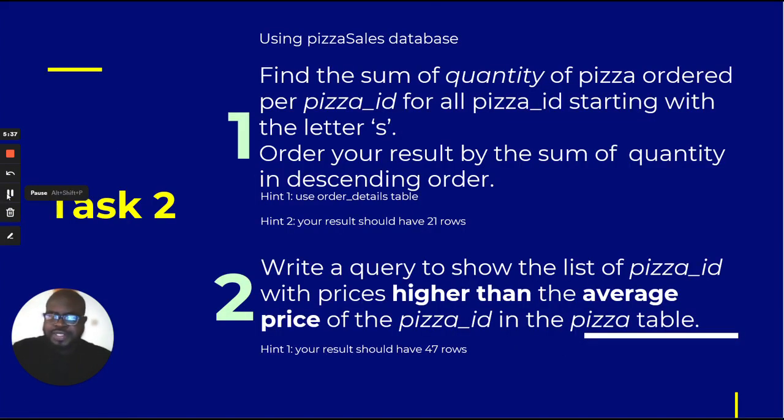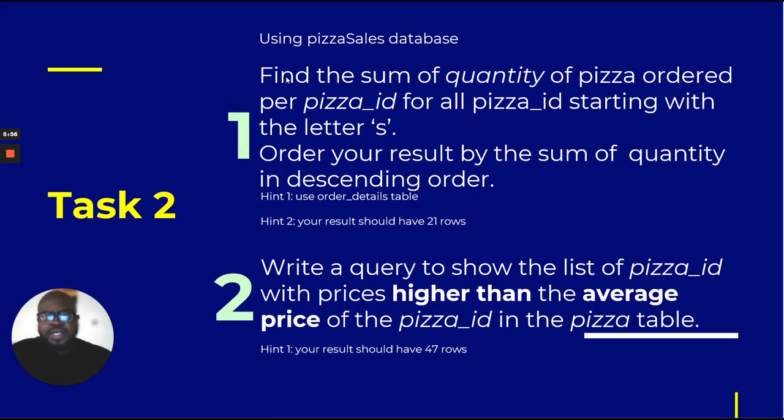And also there is a task at the end of subqueries that we are all to try our hands on. This is our second task in this course. So for that task, we are going to be using our pizza sales database. And we have two questions.